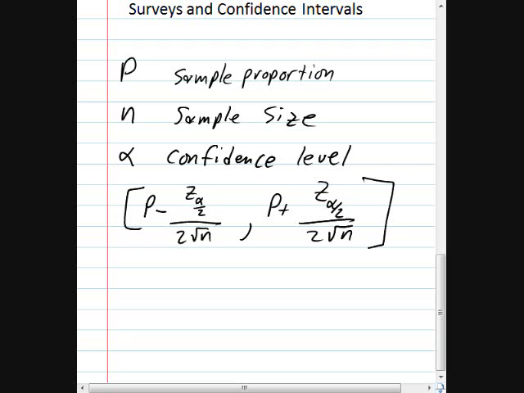A confidence interval is a range of numbers, ranging from P minus Z sub alpha over 2. So Z sub alpha over 2 is a Z-score. Alpha, our confidence level, is a probability, so it's a number between 0 and 1. And N is our sample size. The confidence level alpha provides us with the confidence we have that the true proportion for our population is in between these ranges of values.